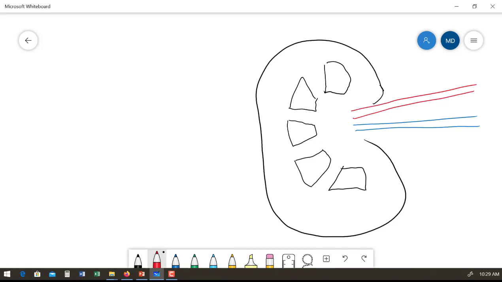Okay, so here we have our blood flow coming in. This is the renal artery. And then we have our blood flow going out, which is our renal vein.